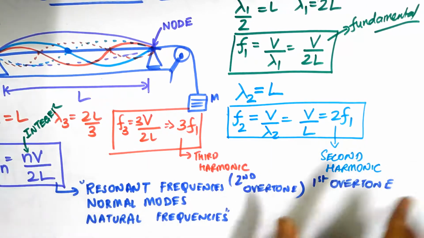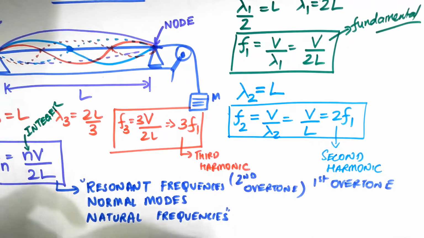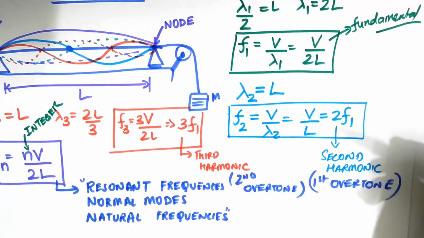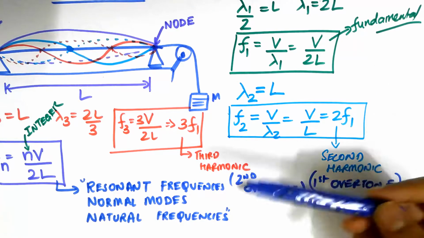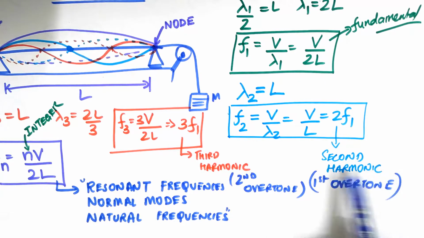So do not get confused between the harmonics and overtones. Overtones are general names. They don't tell you exactly what's the relationship between the higher frequency and the fundamental one. They're just telling you first overtone means first available frequency above the fundamental, second available frequency above the fundamental. But harmonics do tell you.